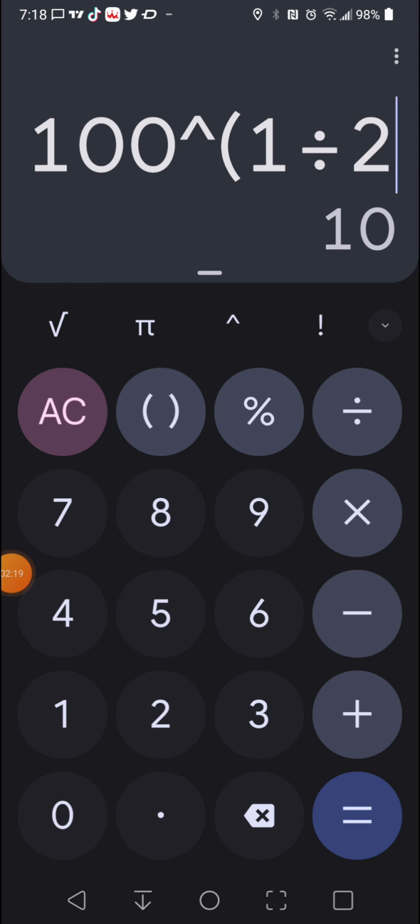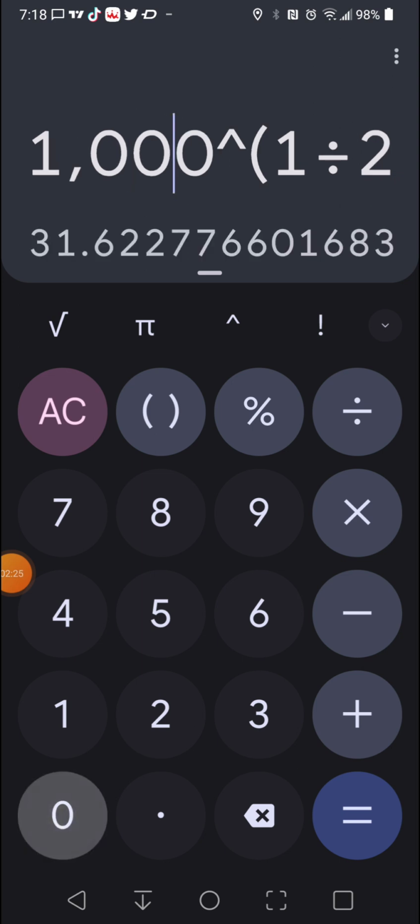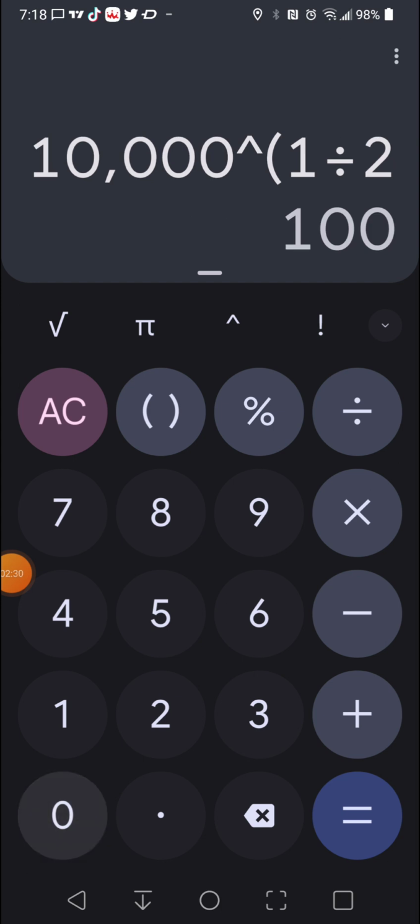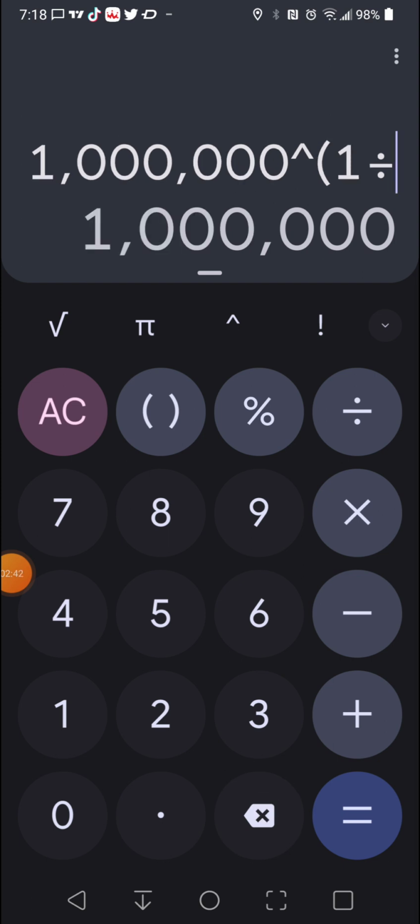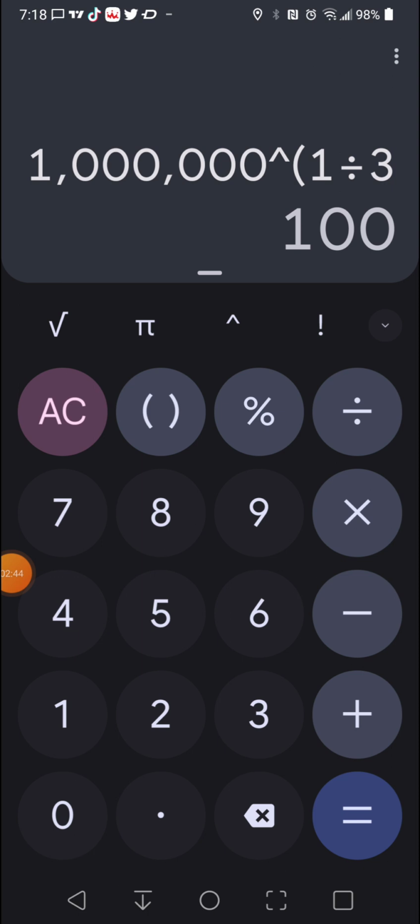See, 10 times 10 is 100. Let's get another example. Let's put another 0 there, so 1,000,000. See, 1,000 times 1,000 is 1,000,000. Let's put a 3 there. 100 times 100 times 100 is 1,000,000, right?